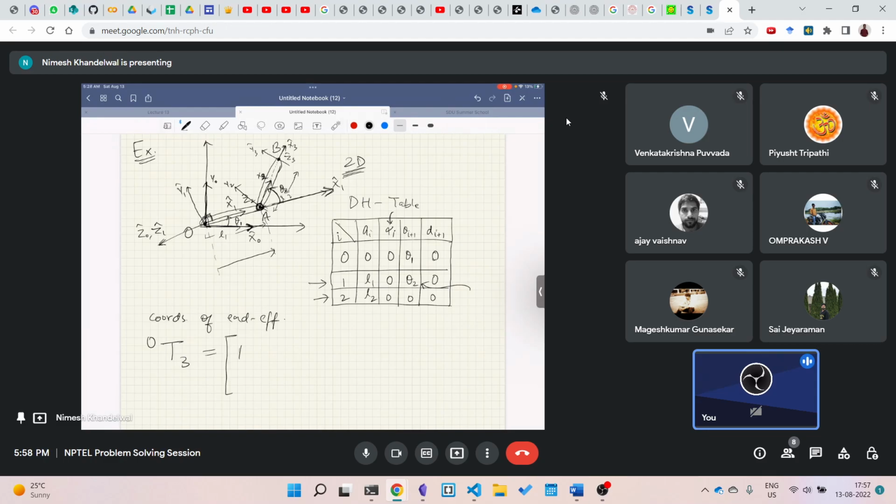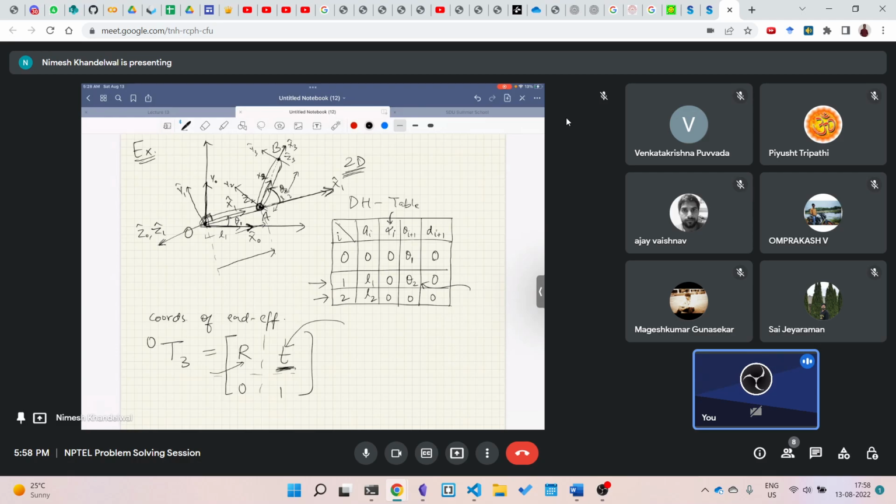because you see it will be divided like this, R, T, 0 and 1. You can get the position of the end effector from this T part, and if you want the orientation also, then you can get it from the R part, but most of the time we just want the position of the end effector.